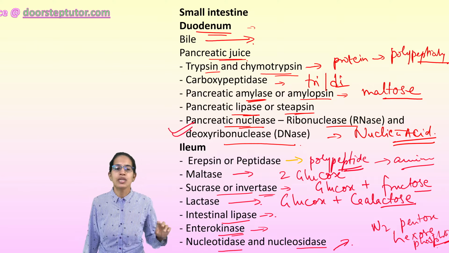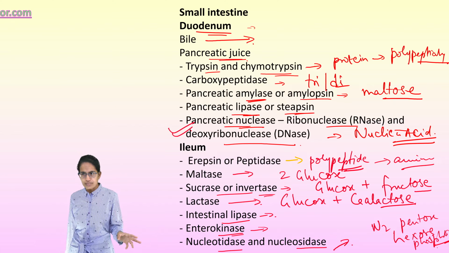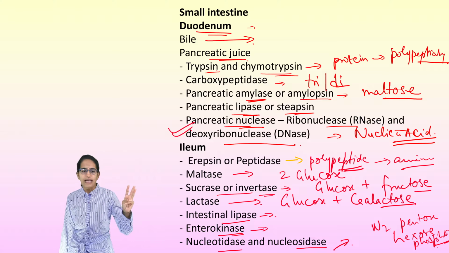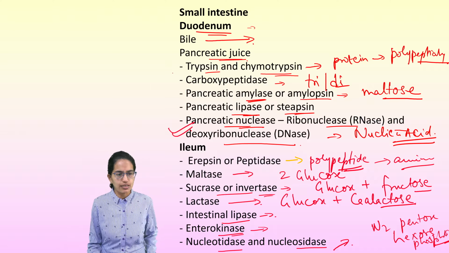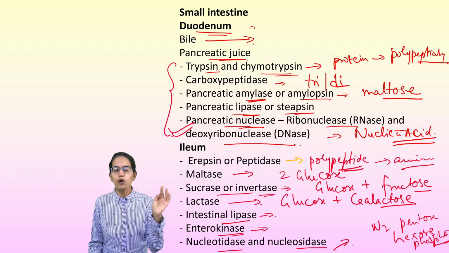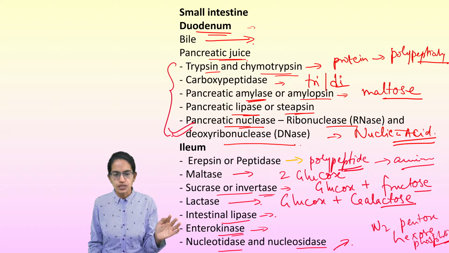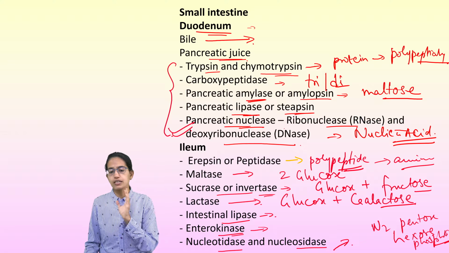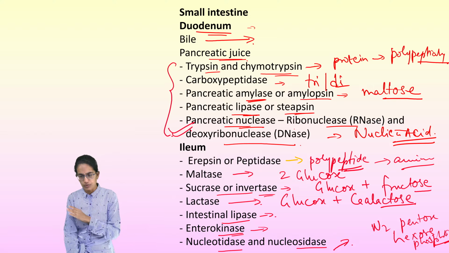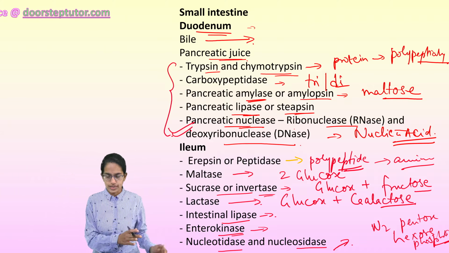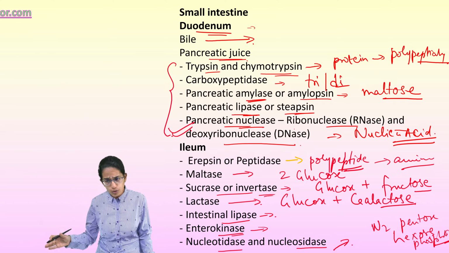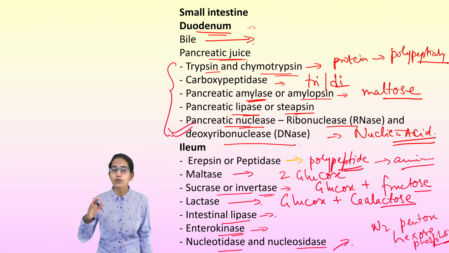I repeat, under the duodenum it is bile and pancreatic juice. Under pancreatic juice we understand 6 important things: trypsin or chymotrypsin, carboxypeptidase, pancreatic amylase, pancreatic lipase, and pancreatic nuclease, which is further the ribonuclease and the deoxyribonuclease, breaking down the nucleic acid into nucleotide and nucleoside.